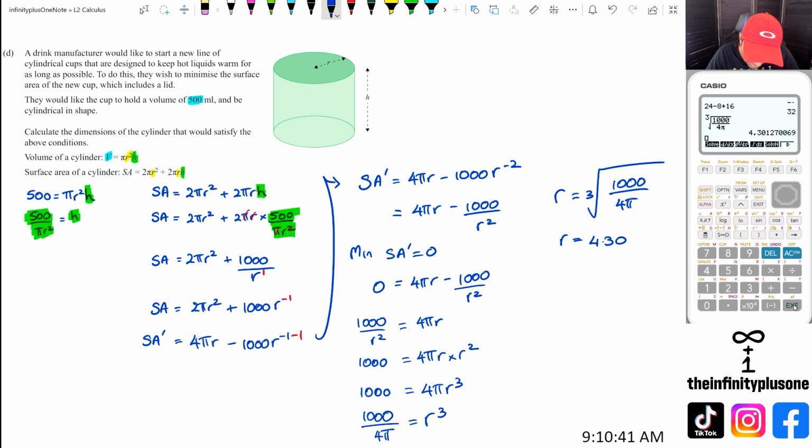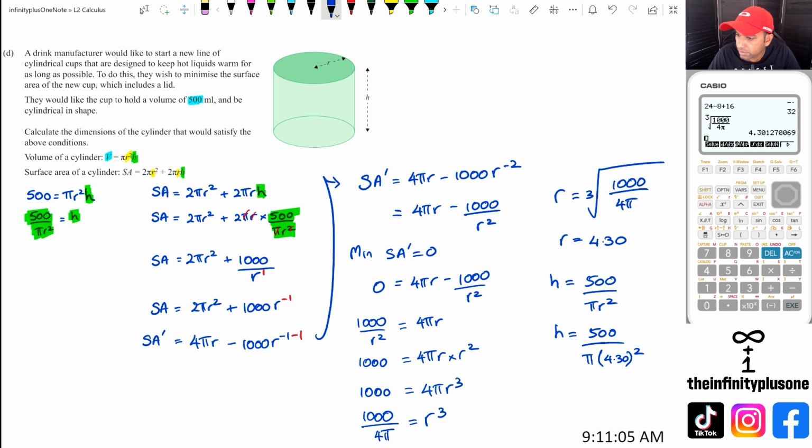And I think the question is asking for the dimensions of the cylinder. So we've given the radius. Now we need to figure out what the height is. So the height is going to be 500 divided by pi r squared. So the height is going to be 500 divided by pi times 4.30 squared.